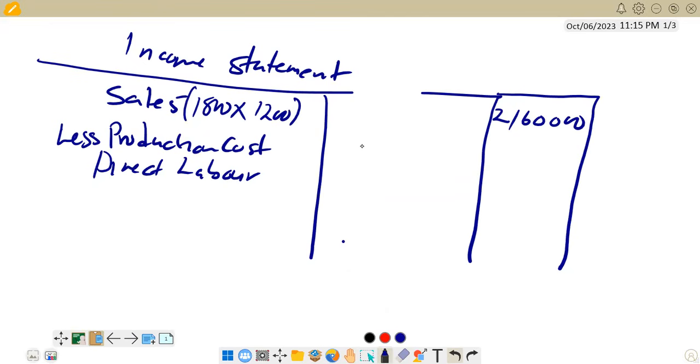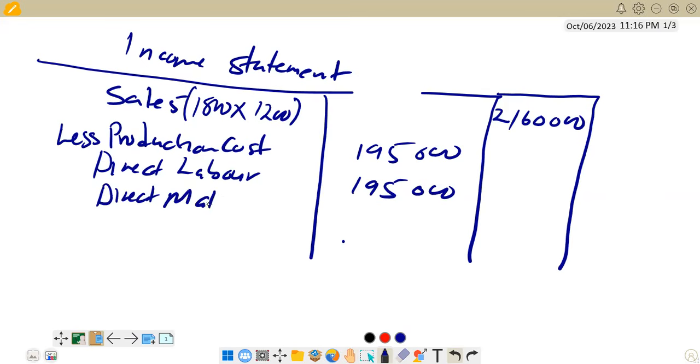Direct labor 195. Then we've got direct material, which is 180.